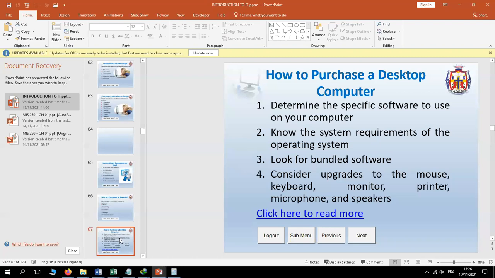So let me ask the members to tell me the features that you can look at before choosing or determining which type of computer to buy. Yes, members. Yes, can you tell me?